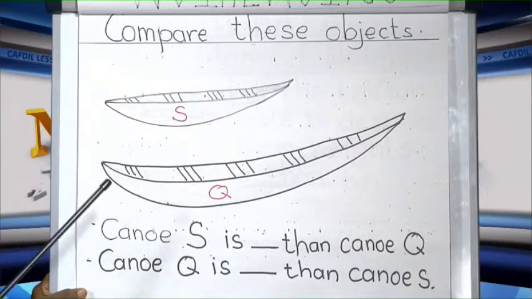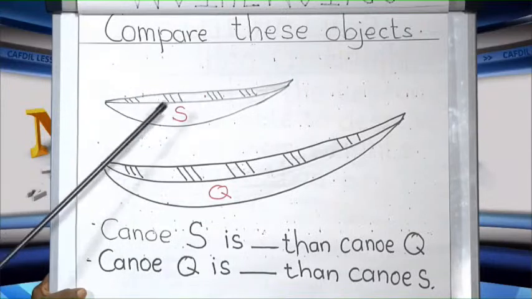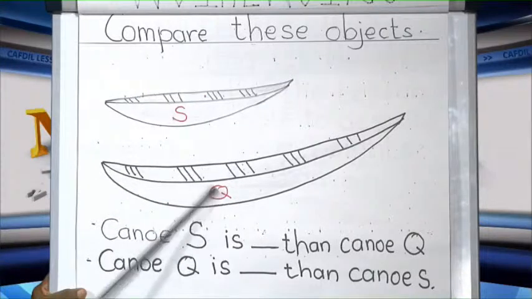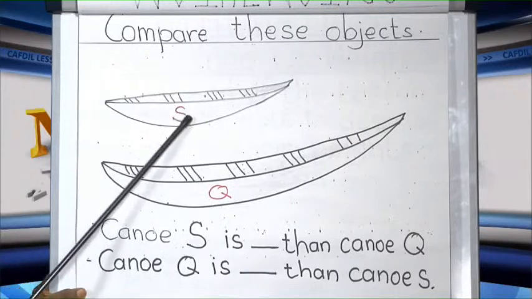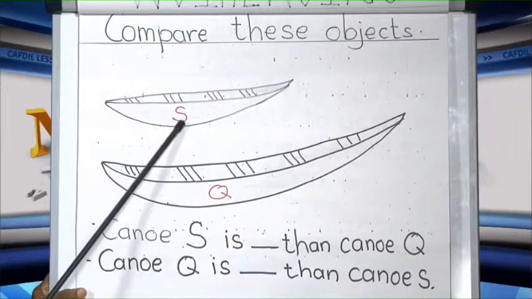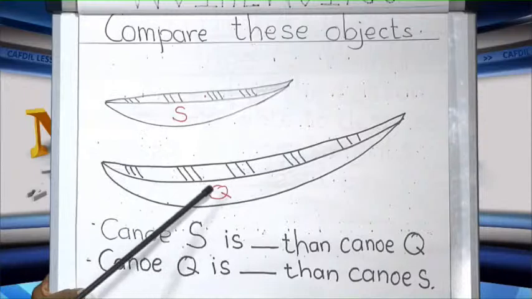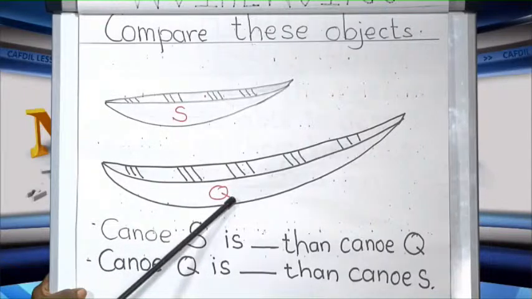Take your books, put down your dates, and then just look at the pictures. Name your first canoe as canoe S and the second canoe as canoe Q. Are you with me? Good.